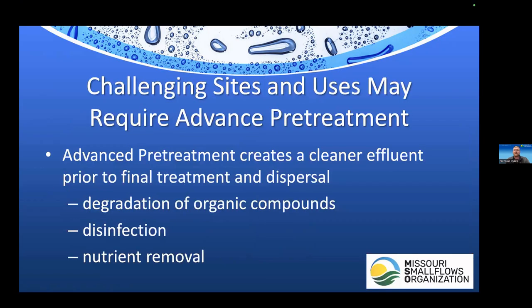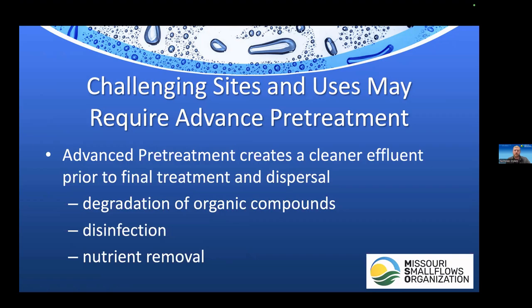So often we get into those bad sites we were talking about, challenging, hard, tough sites, bad soils, lots of rock, and we get to where we need to use and require advanced pretreatment. So advanced pretreatment is really a blessing. There's a lot of places in the state of Missouri that were no longer buildable.